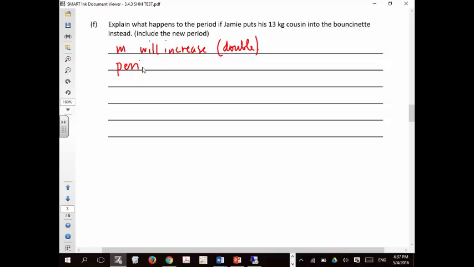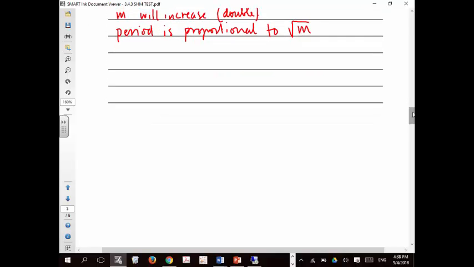Period is proportional to the square root of the mass. And we can say T is equal to 2 pi square root m over k.